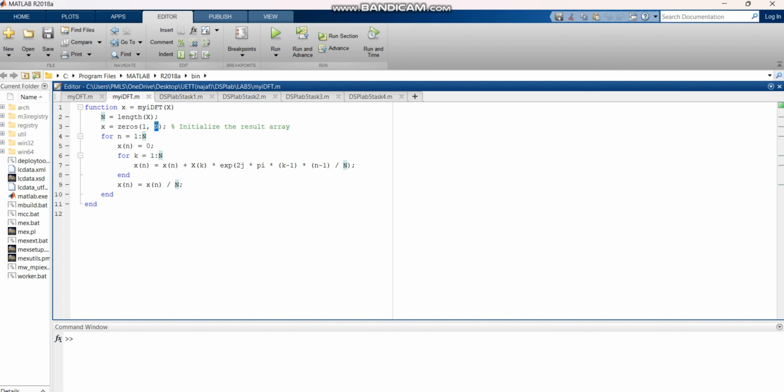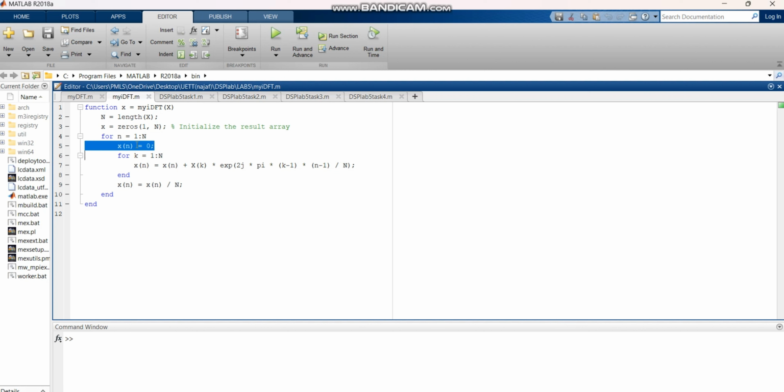This line initializes an output vector small x of zeros with the same length as the input vector capital X, and this will store the inverse DFT values. Next, this line starts a loop over the index small n from 1 to capital N, which represents the time or sample index in the output signal.